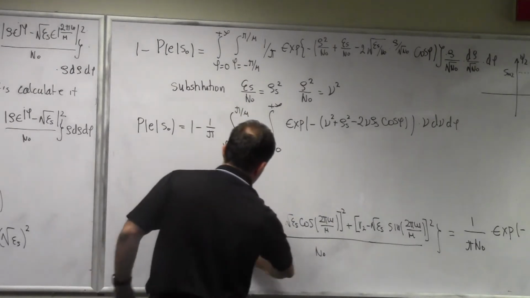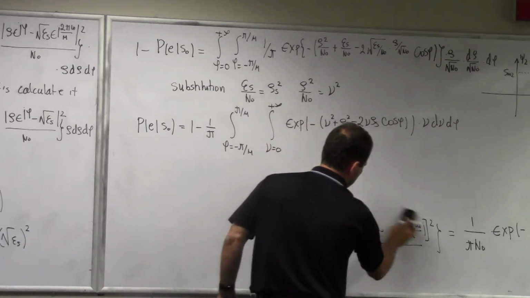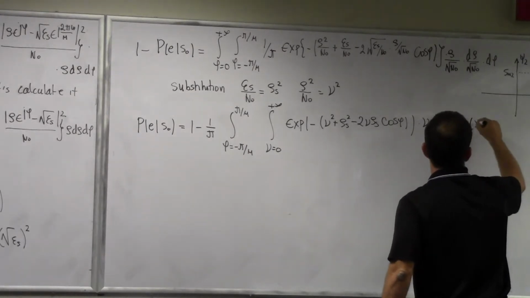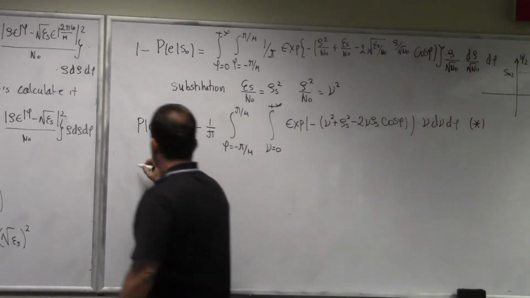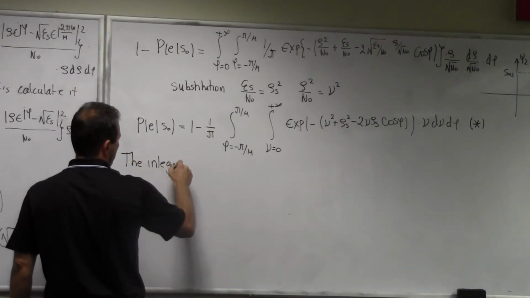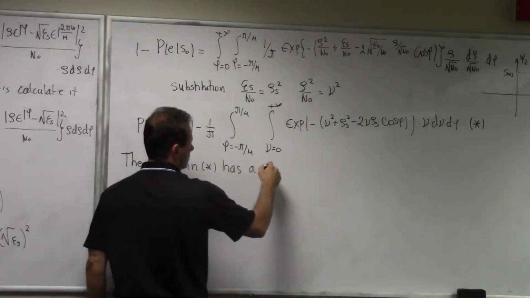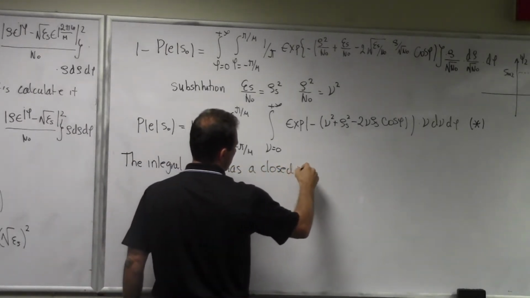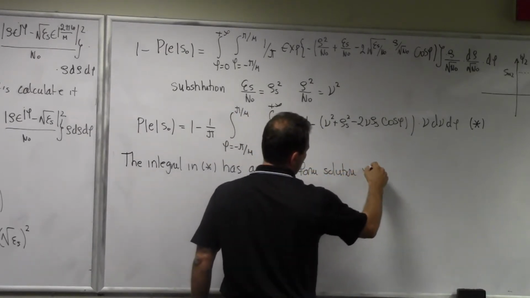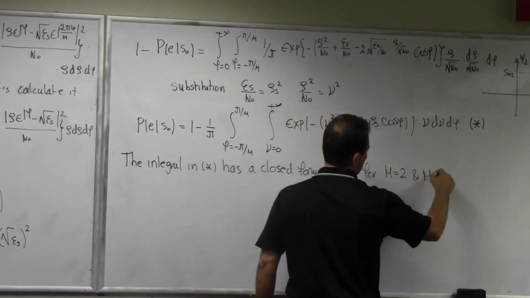So there are two of them. Call this star. The integral in star has a closed form solution for m equal 2 and m equal 4.